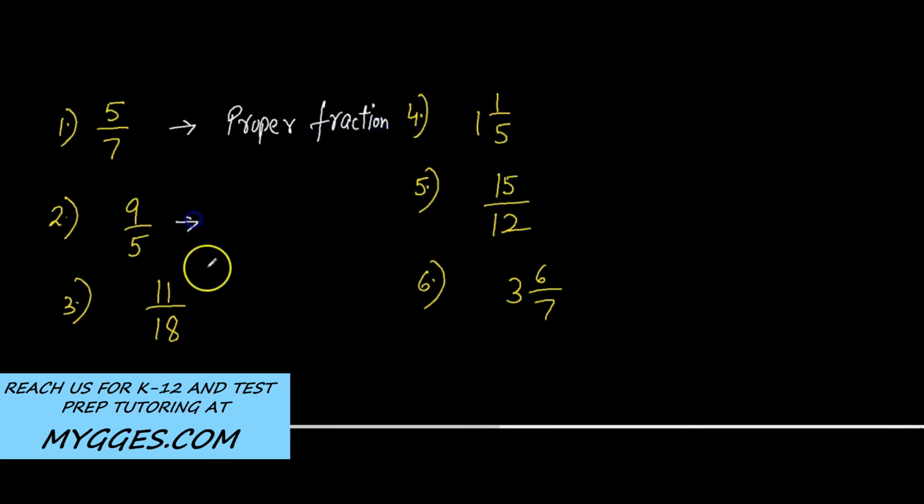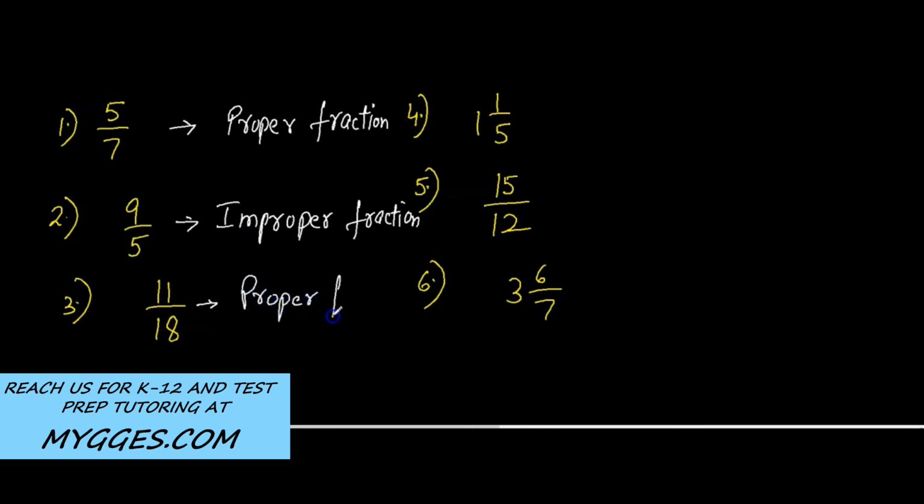In the second one, your numerator is greater than the denominator, so it would be an improper fraction. In the third, 11/18, your top number is smaller than the bottom number, so of course it would be a proper fraction.